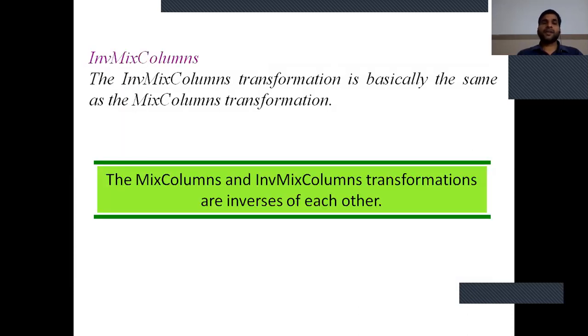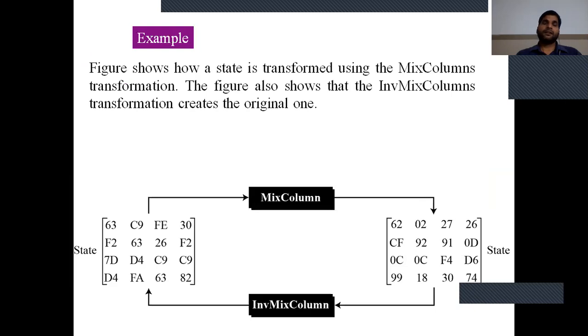Similarly, we define the inverse mix column. The inverse mix column transformation is basically the same as the mix column transformation. The mix column and inverse mix column transformations are inverses of each other. For example, this shows how a state is transformed using the mix column transformation.